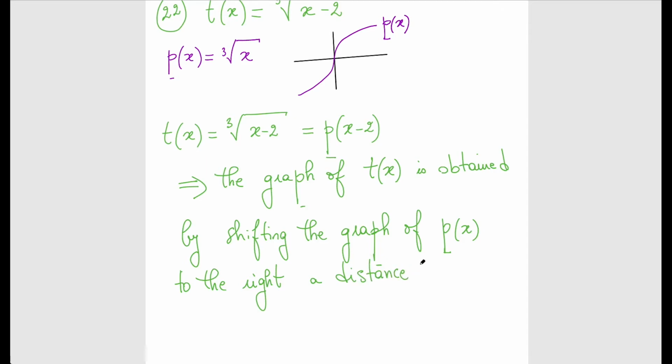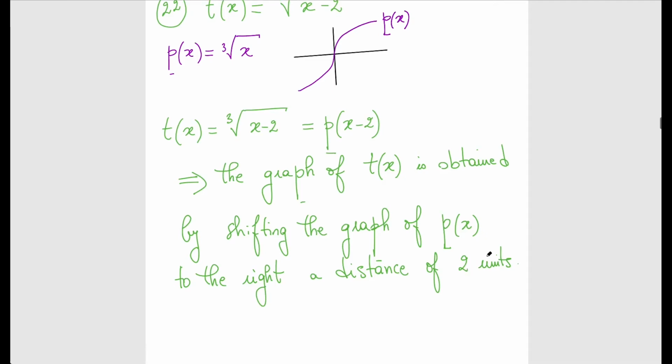Okay, I'm just copying the result that's mentioned above, and obviously just adjusting the name of the function and the amount by which I'm shifting. Alright, so we're gonna take this guy and shift it to the right a distance of 2 units. So what used to be this point now is gonna occur here, right?